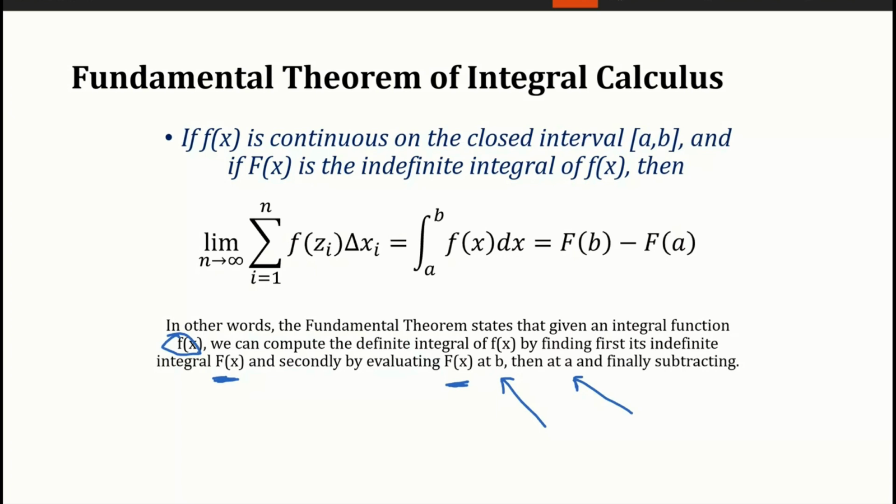The second one is we have to evaluate F of x at b, meaning after we get the indefinite integral, we are going to substitute the upper boundary, the upper limit of the closed interval. And then you are going to evaluate again the indefinite integral using a, where a is the lower limit. And finally, we will subtract. So that's the fourth step, or step 4.